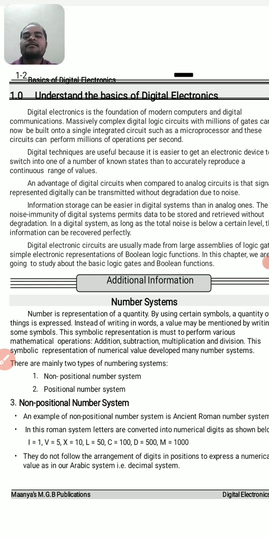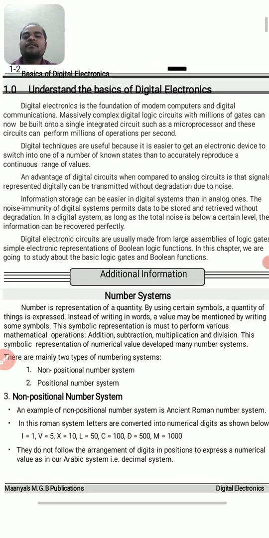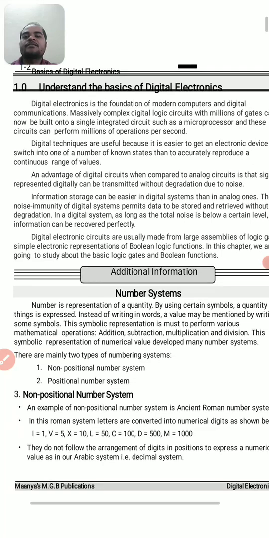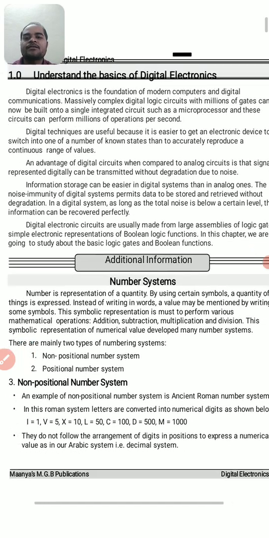So digital techniques are used here for easier operation of an electronic device to switch from one state of a circuit to another state, whereas analog circuits continuously take some range of values. Many advantages are present in digital circuits when compared to analog circuits, because analog circuits take much time and also pick up so much noise when we operate them.